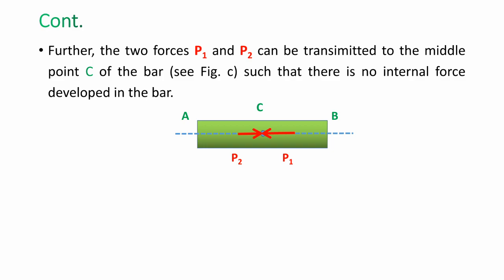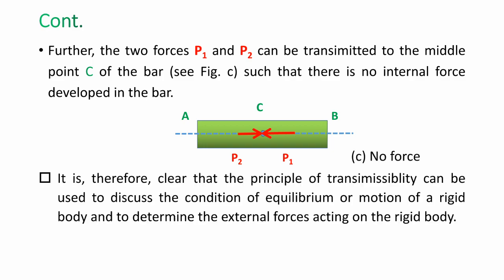In the first two cases we have seen, and this is another case where P1 and P2 I brought to the middle point of the bar at C. Already we said the magnitudes of P1 and P2 are the same, they are in opposite directions, and they are collinear. Because of these equal forces at point C, no internal forces are going to be developed inside the body. So we can say there are no forces in this one.